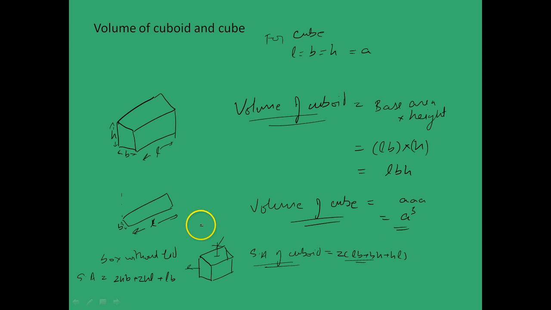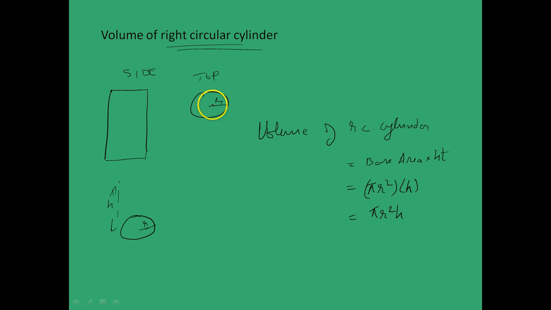Similarly, in the case of a right circular cylinder, say if we have a hollow cylinder, completely hollow, something like a tube or a pipe. If we were to find out the surface area of this cylinder, we wouldn't really use this formula, which is 2 pi r (h plus r).